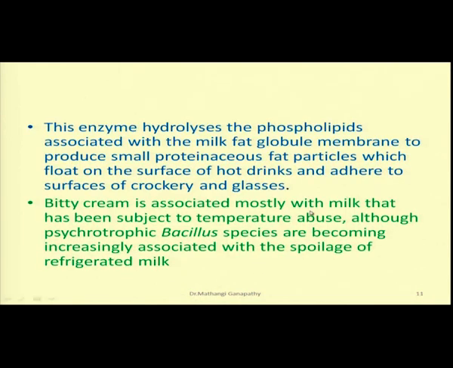Now, what happens is that Bacillus cereus produces lecithinase, and milk contains phospholipids in the milk fat globule membrane. So this lecithinase enzyme will hydrolyze the phospholipids associated with the milk fat globule membrane to produce proteinaceous fat particles.